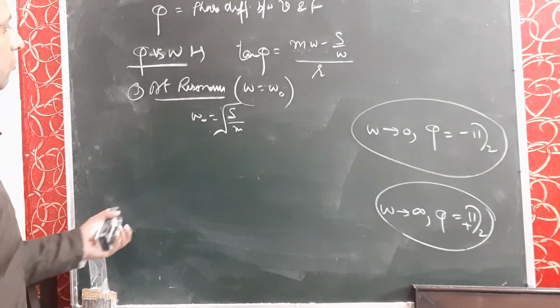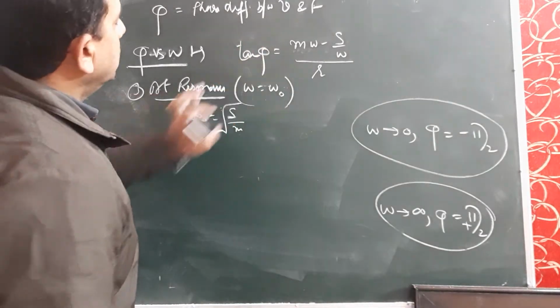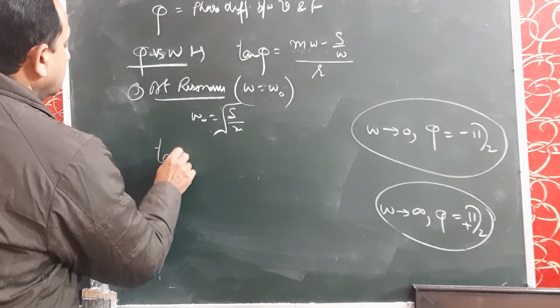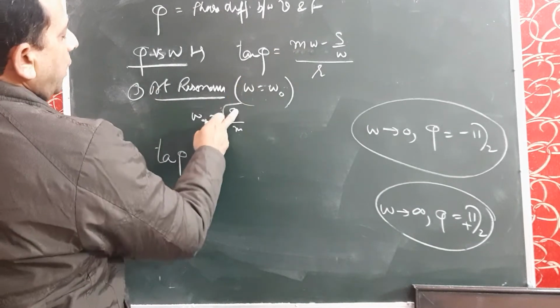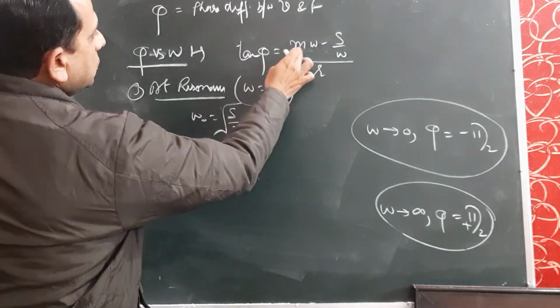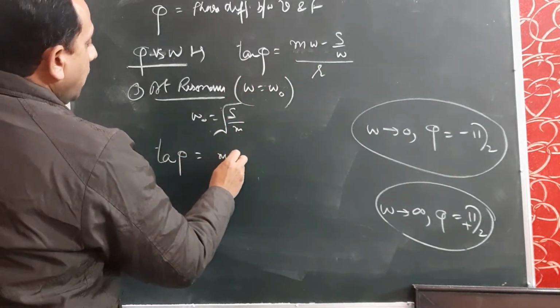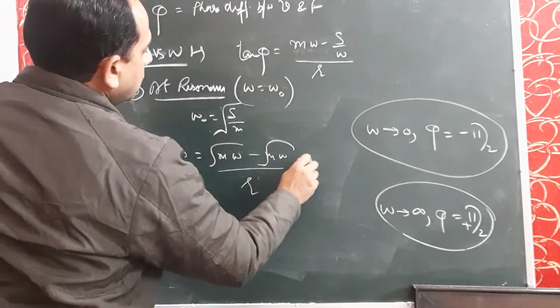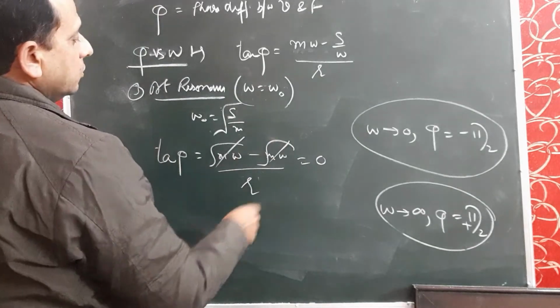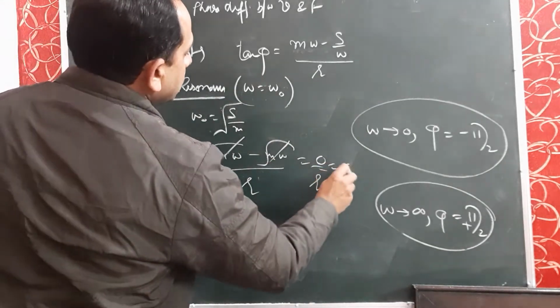When we put this value in tan phi, m omega becomes m times the square root of s by m, minus the same term upon r, which is 0. This cancels, and 0 upon r is 0.